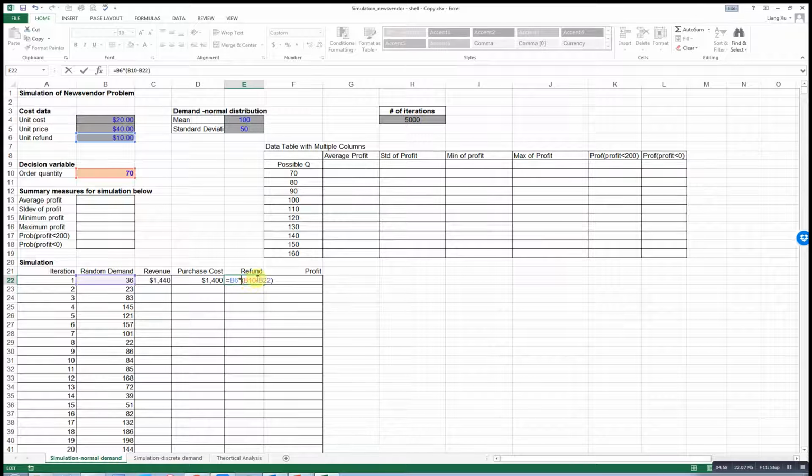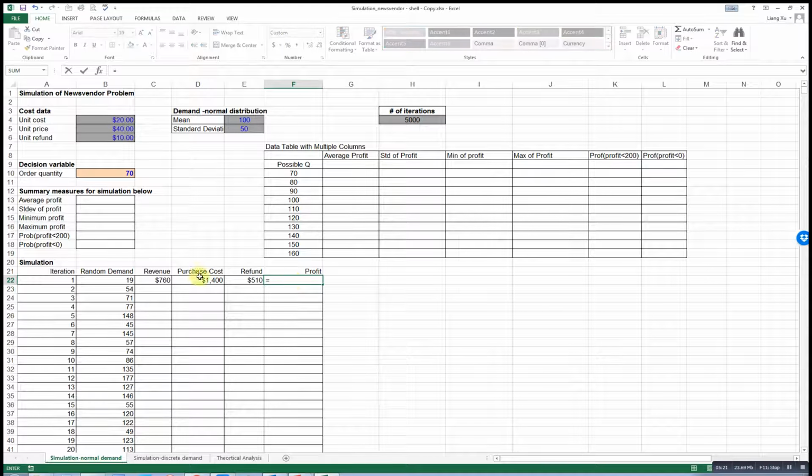So you have to put a maximum of this and 0. That will give you the total amount of refund. And you also need to lock the order quantity here. Your total profit is just your revenue minus your cost plus the refund.